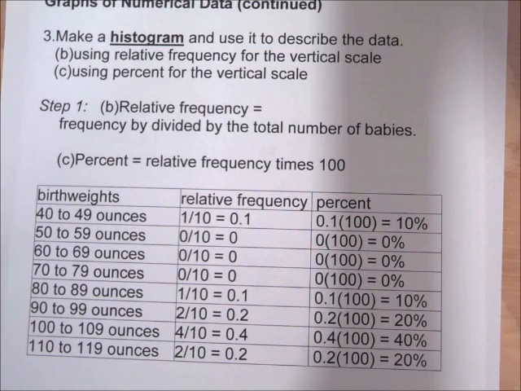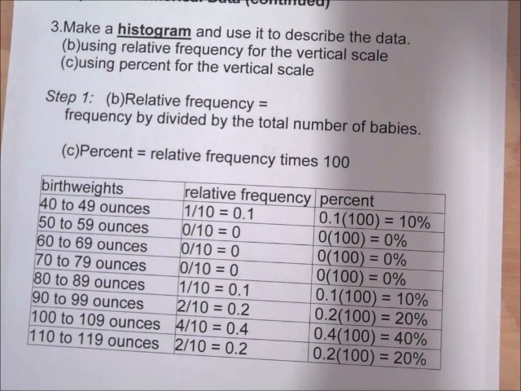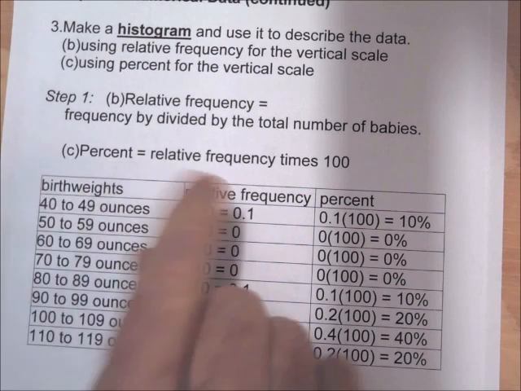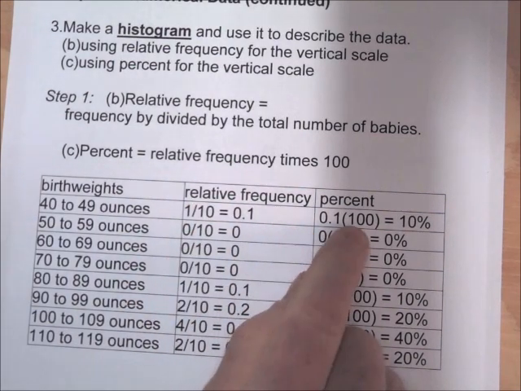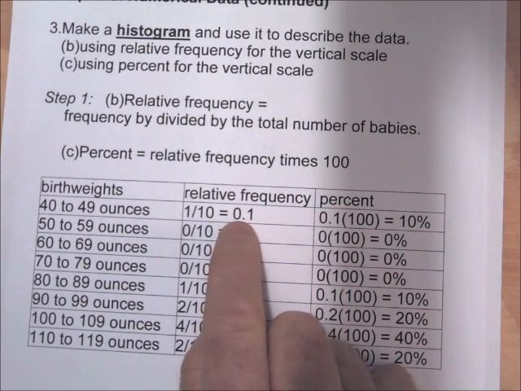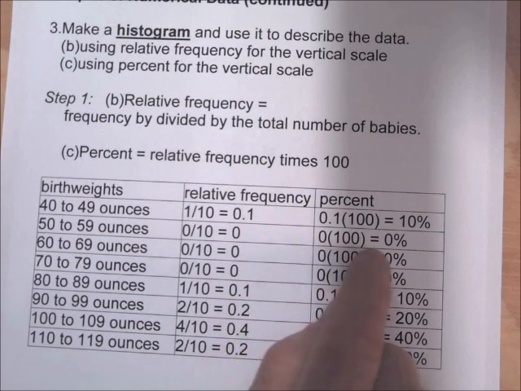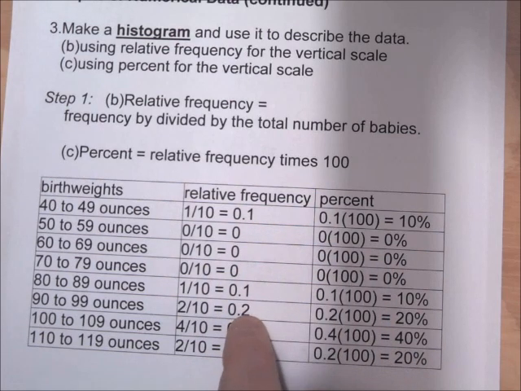So instead of using frequencies, we could have used relative frequencies, or we could have used percents. If you multiply the relative frequency by 100, that converts it into a percent. Percent means hundreds. So 0.1 times 100 is 10%, 0 times 100 is 0%, 0.2 times 100 is 20%, 0.4 times 100 is 40%.